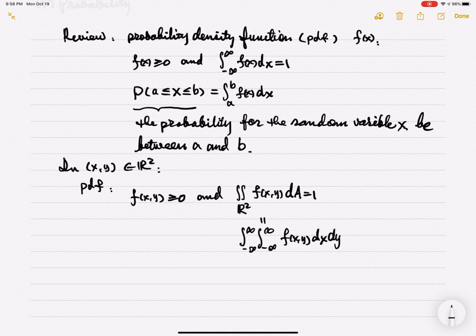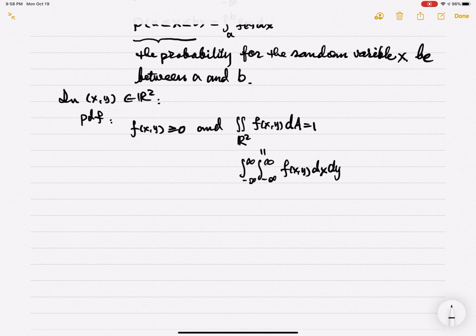But most of the time, the function is positive only in a certain region, and outside the region it's all 0, so we can just integrate in the region. We're going to see an example.